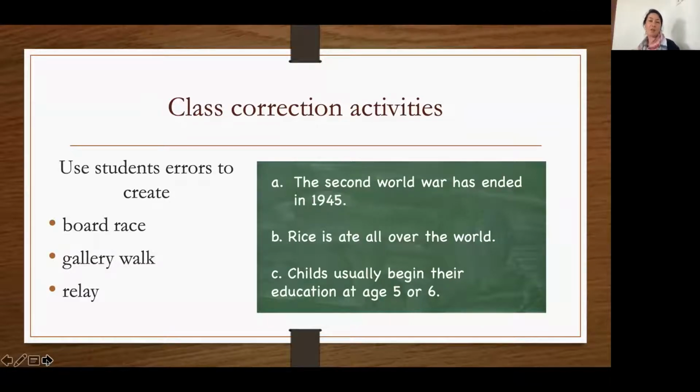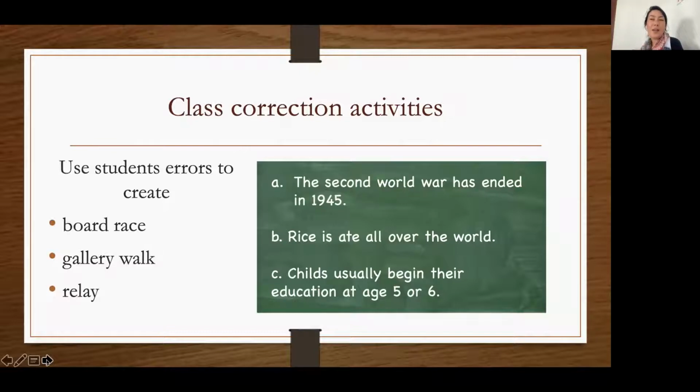And then I would split my class into 2 or 3 groups. And at the time we had whiteboards, so they would get a different color marker. And then one student from each group would run up and fix one of the sentences, return to the group, give the marker to another student, and then they would race to find the mistakes and correct the mistakes.